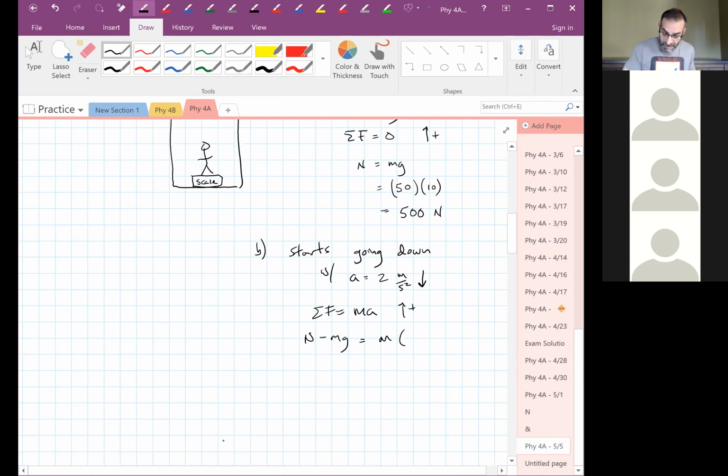And what's the acceleration? It's 2 meters per second squared, but in what direction? The negative direction. So my normal force is mg minus 2m. Oops, 400 newtons. Has to be lighter. 400 newtons.